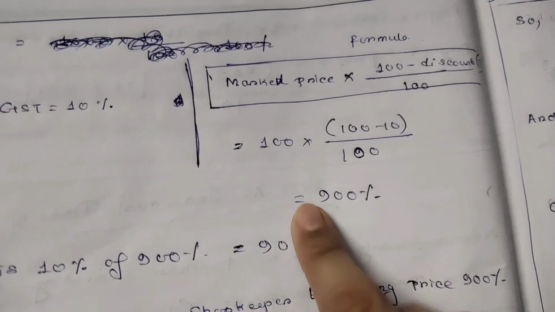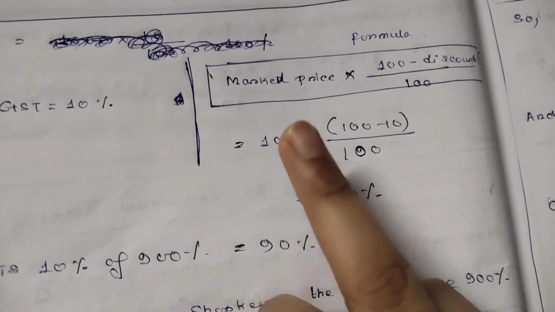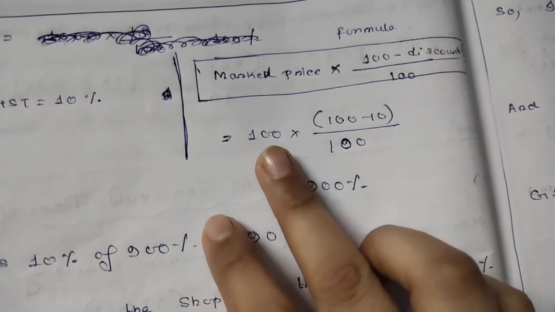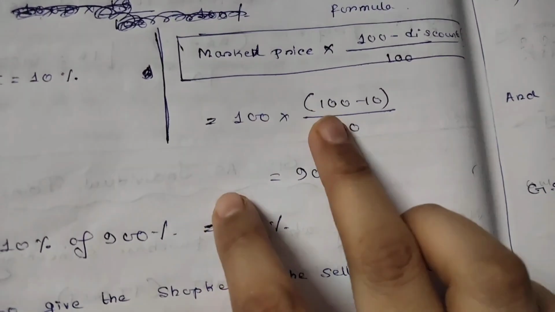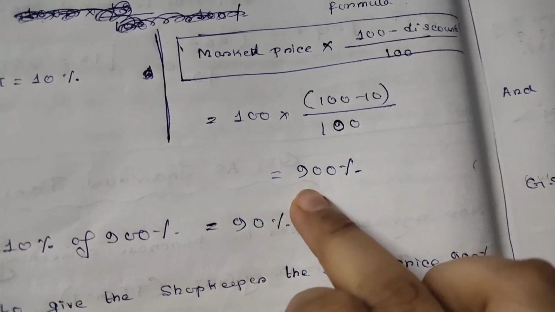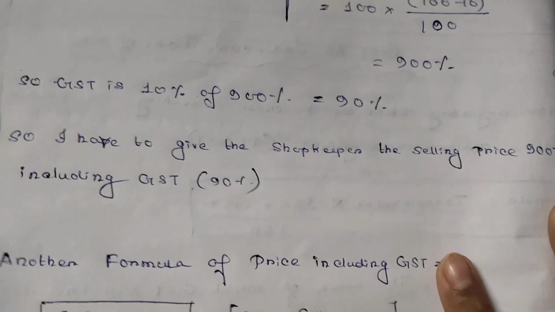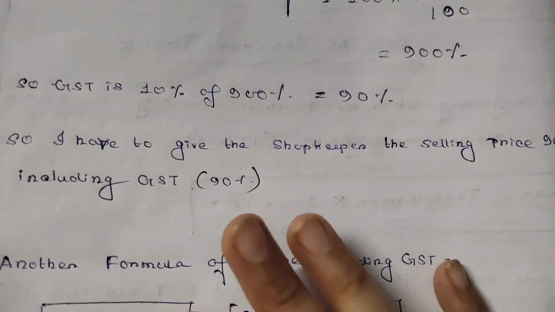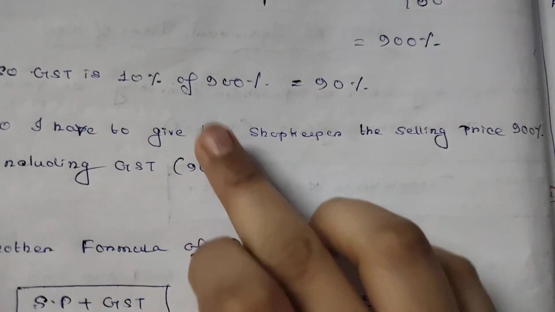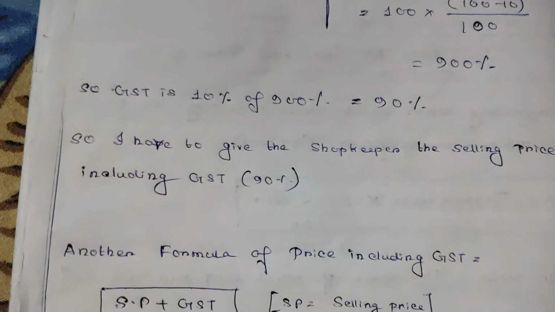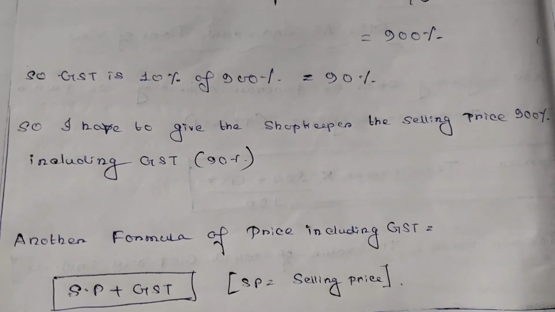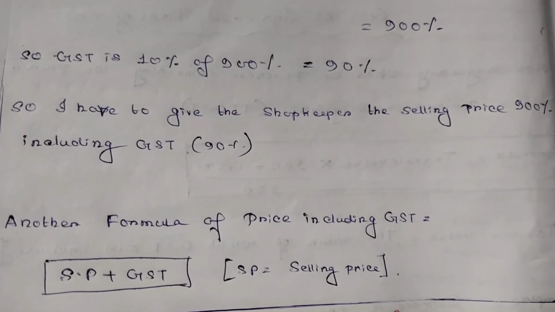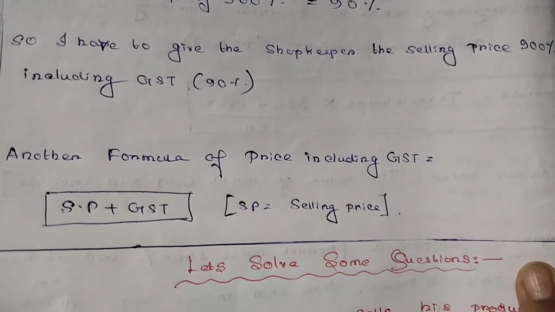Sorry, I had it wrong: it will be 1000 into 100 minus 10 by 100, equal to 900 rupees. GST is 10% of that 900 rupees, so it is 90 rupees. So I have to give the shopkeeper the selling price 900 rupees plus the GST of 90 rupees.